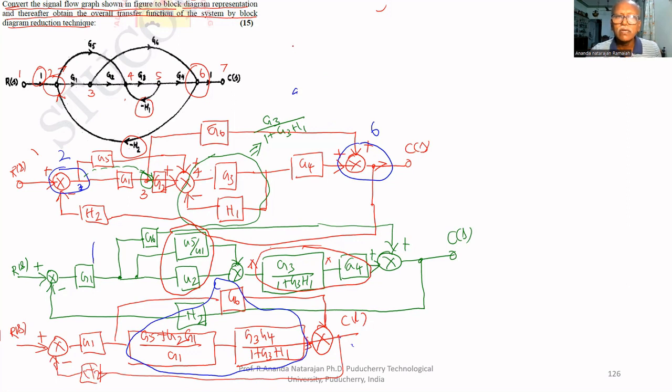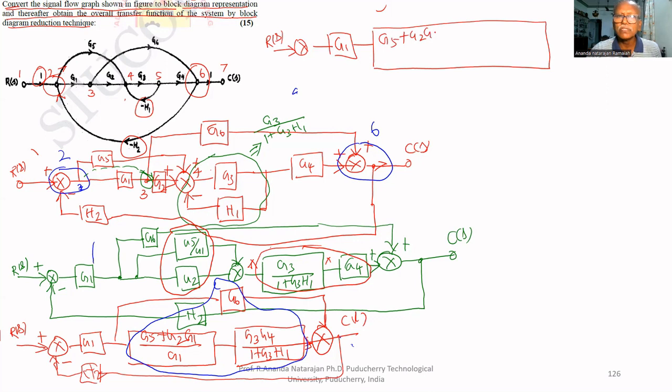Now we can draw here R of S, G1, G5 plus G2, G1 divided by G1 multiplied by 1 plus G3 H1.